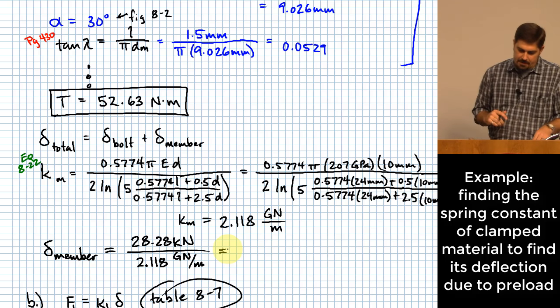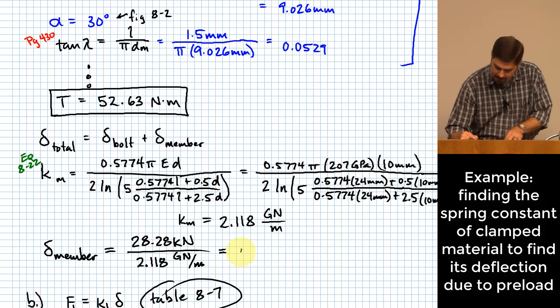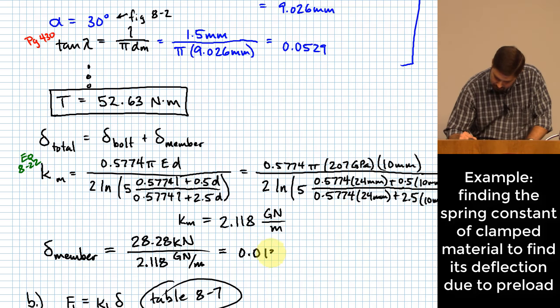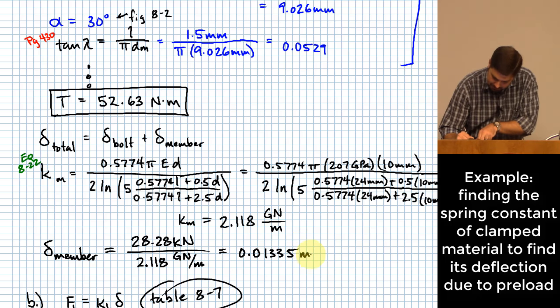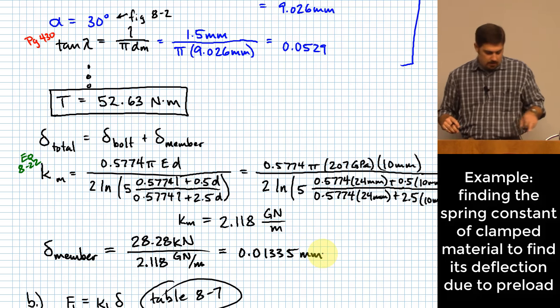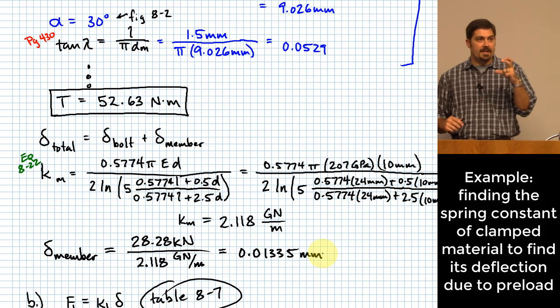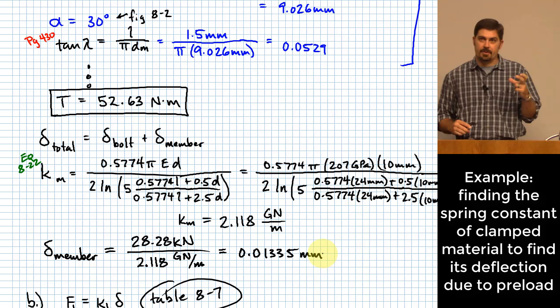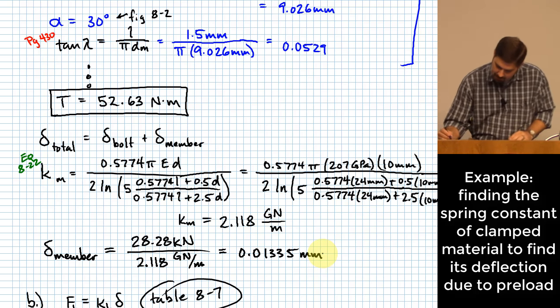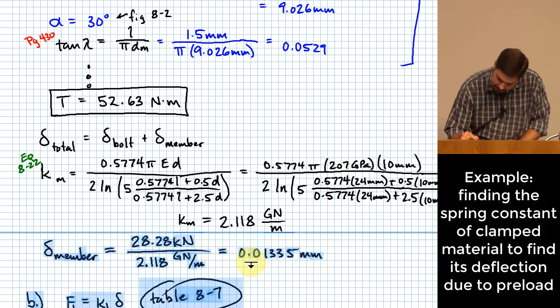All right, and what this ends up giving us here is 0.01335 millimeters, which is definitely less than the amount that the bolt stretched, but it's still not insignificant. It matters. Okay? So how many turns of the nut do we need to do?